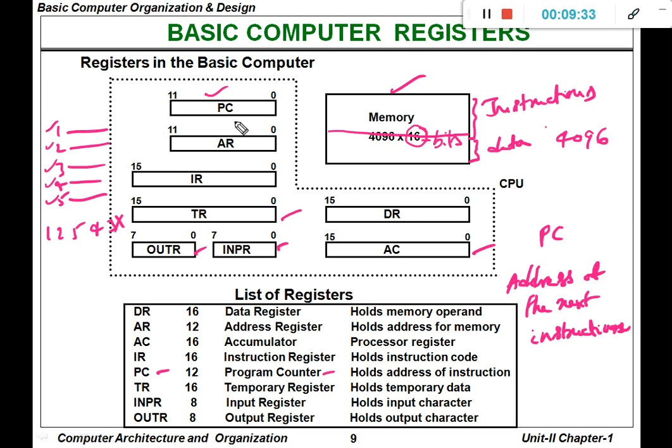However, from the second instruction onwards, it is going to update. For example, if 5 instructions are there in a program, then PC initially contains address 1, whereas next time PC will be updated to address 2. Like this, we implement the program counter. Program counter is a very important register which contains the address of the next instruction.